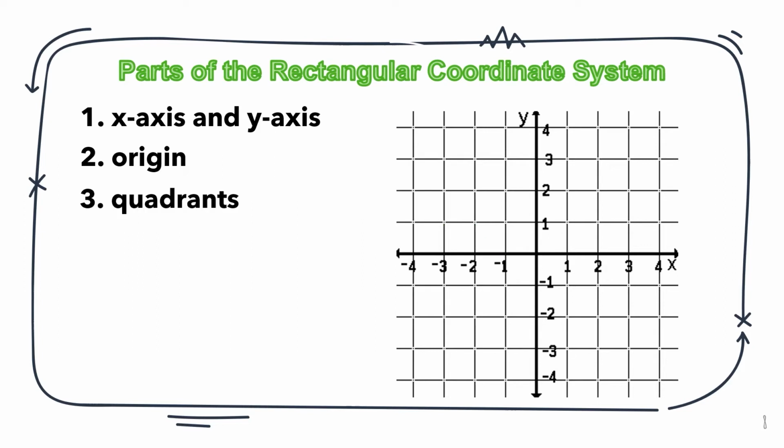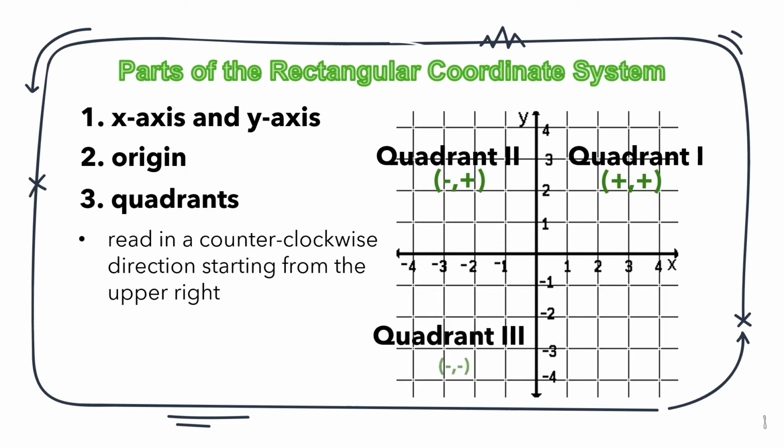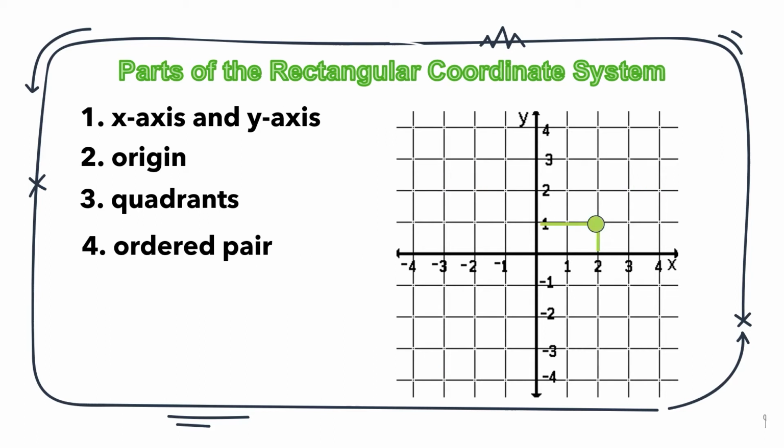Number 3, quadrants. It is read in a counterclockwise direction starting from the upper right. We have quadrant 1 with a sign of (+, +), quadrant 2 (-, +), quadrant 3 (-, -), and quadrant 4 (+, -). For number 4, we have the ordered pair.